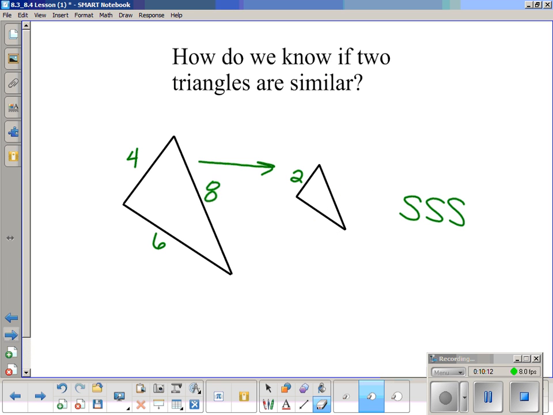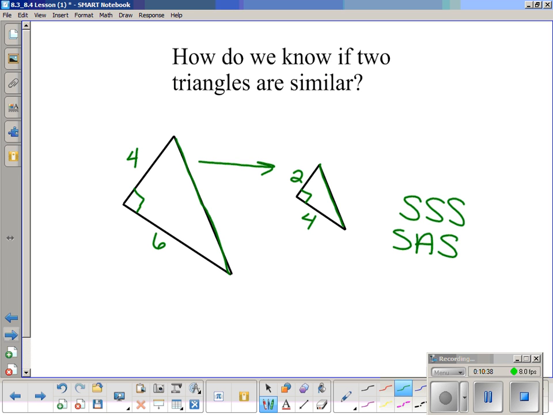Right, if I took away one of those sides, and let's say these angles are both right angles, so they're congruent, would we still know that they're similar? And the answer is yes, because if we have two fixed side lengths here and a fixed angle, this last side has to fall exactly into place, and so those would be proportional as well. So our second similarity conjecture is side angle side.